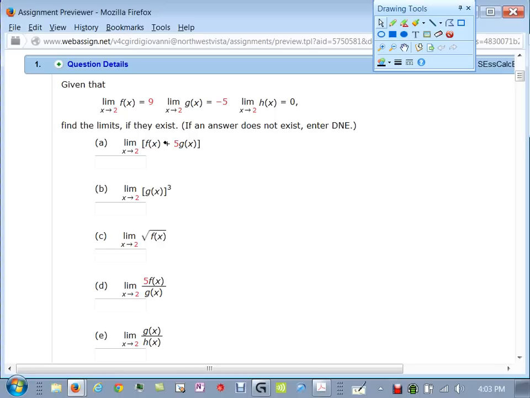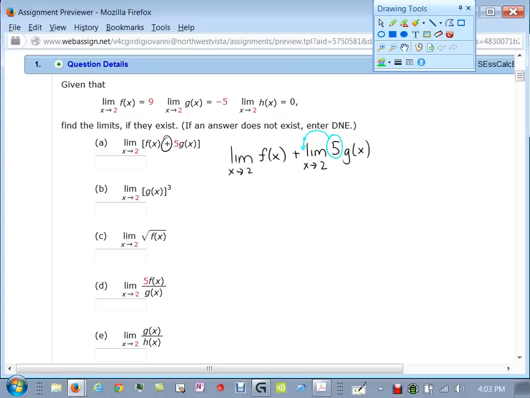What's happening here is you have a sum of two limits, which means you can break this into two separate limits. So I do two separate limits like this. All right, and then from there, I have a constant sitting out in front, so that constant can come out.